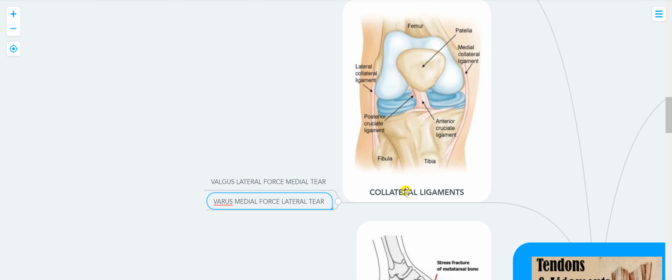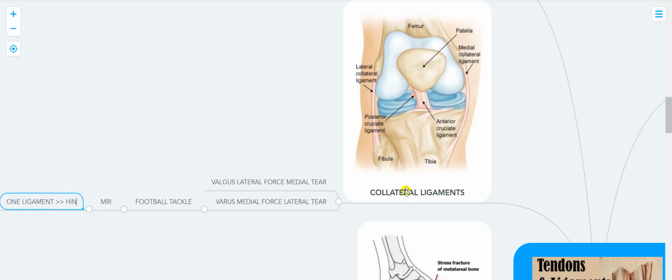Okay, there's no buzz phrase, you just look for injury type. Football tackle, that's most common. How do you diagnose that? MRI. If it's one ligament, then you do a hinge cast.